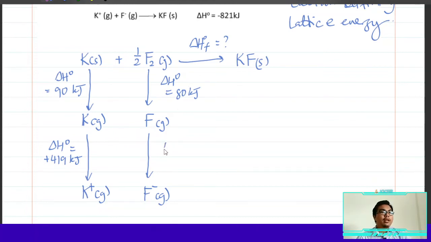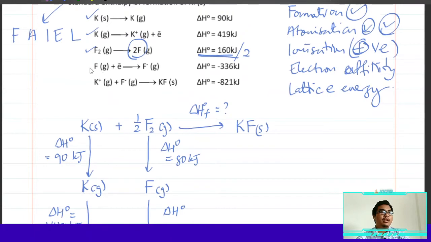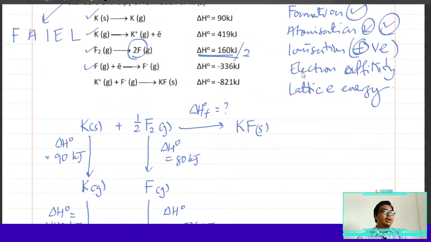Okay, so the value of delta H dia kat sini, kita tengok electron affinity, dia ada bagi dekat sini, this equation here. Okay, so this one is negative 336 kilojoule per mole. Okay, so kita tulis balik negative 336 kilojoule. Okay, so that's one. So kita dah settle dah step untuk ionization. Settle. Electron affinity pun settle juga.